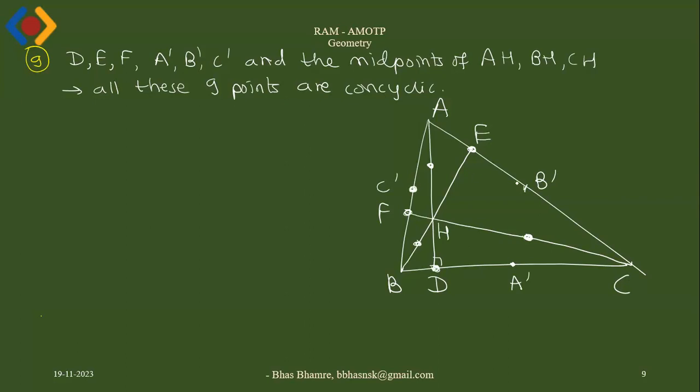So all these 9 points are concyclic. That is what our 9-point circle is.